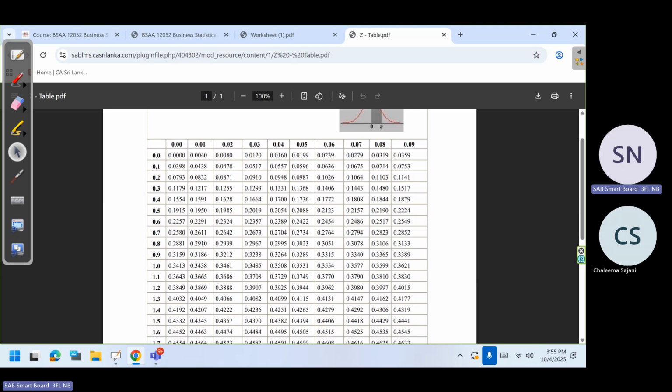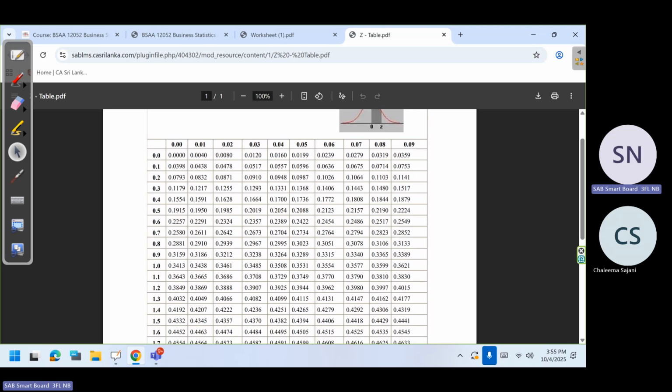Here, the first column represents the first digit and the first decimal place of your Z value. The first row represents the second decimal place.